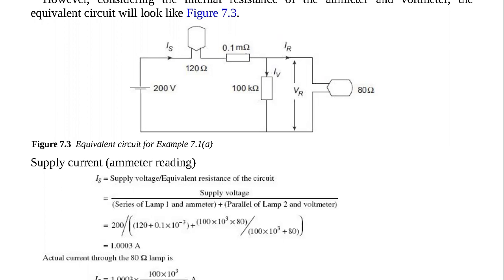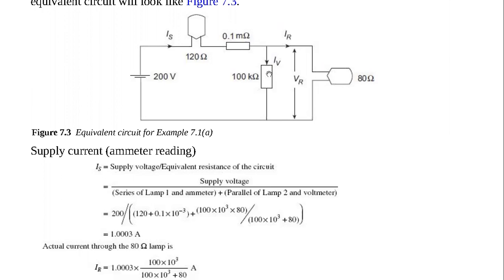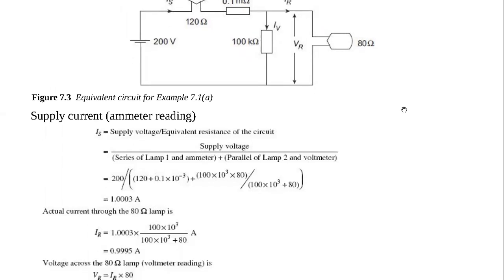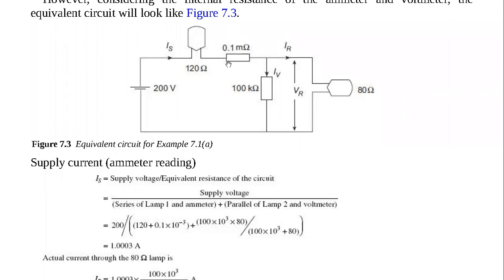So the total current is 1.0003, times the resistance on the other side, so for us to get the value of the current through the 80 ohm lamp, that will be 100 times 10 raised to 3, divided by 100 times 10 raised to 3 plus 80, and that gives us 0.9995 amperes. That is now the current through here.